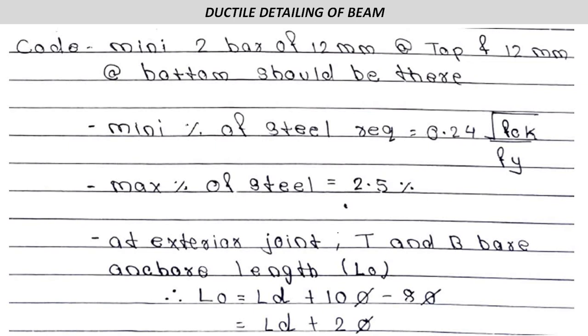Anchor length L0 is equal to LD plus 10 dia minus 8 diameter, which means the anchor length should be LD plus twice the diameter. These are the codal provisions which say the conditions and the applications of this.